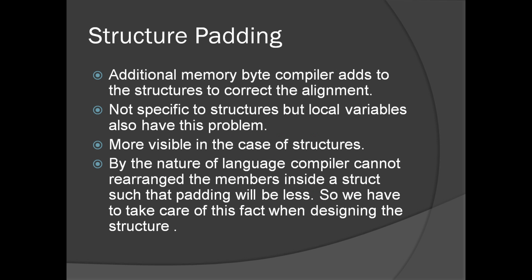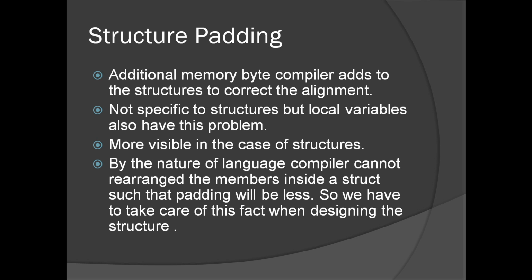Structure padding is the additional memory bytes compiler adds to the structure variable to correct the alignment of its members. This is not specific to structures, but it is applicable for any kind of memory access. For example, local variables. But it is more visible in the case of structures because size of operator will give you a different value than the one you were expecting by adding the sum of the sizes of member variables.